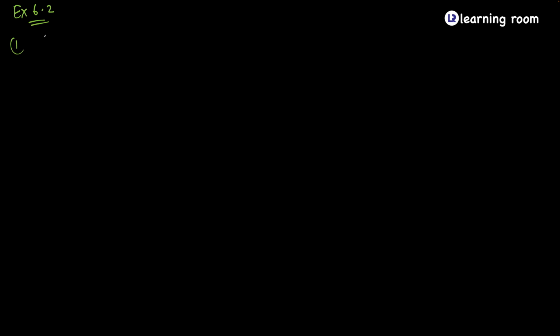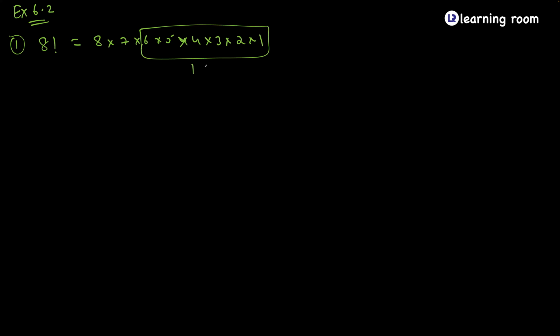The first problem is evaluate 8 factorial. So 8 factorial is how much? 8 into 7 into 6 into 5 into 4 into 3 into 2 into 1. You can remember that 5 factorial is 120, 6 factorial is 720.